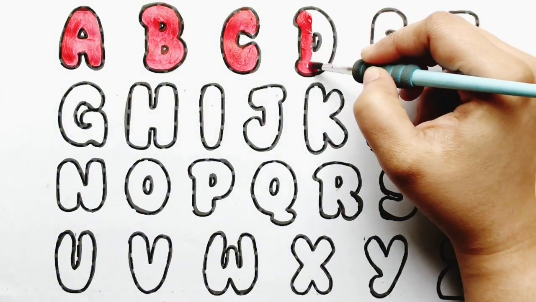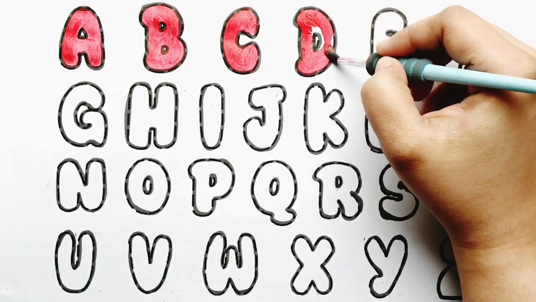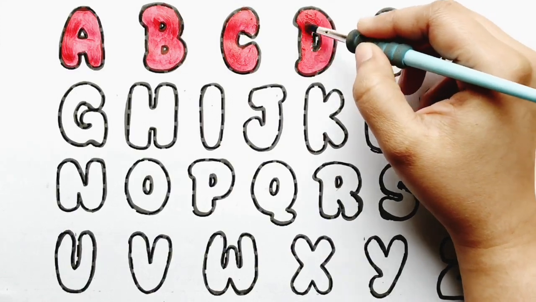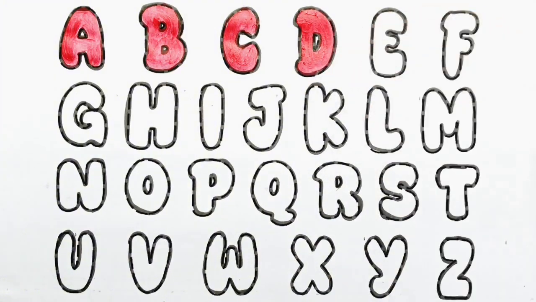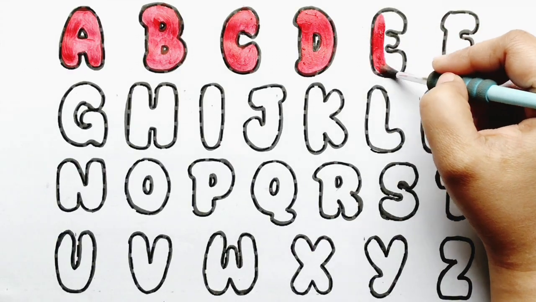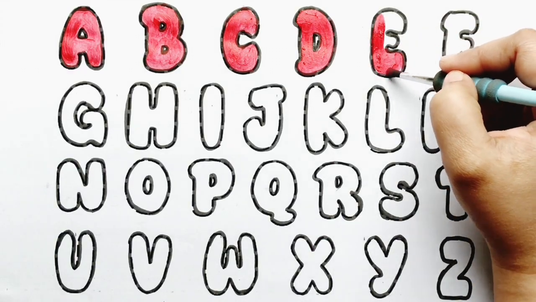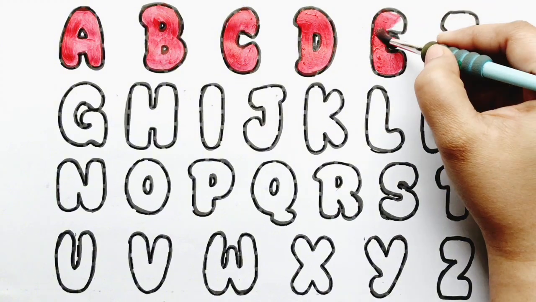D for donut. E for elbow. Ambulance, airplane, arrow, alligator, ant.